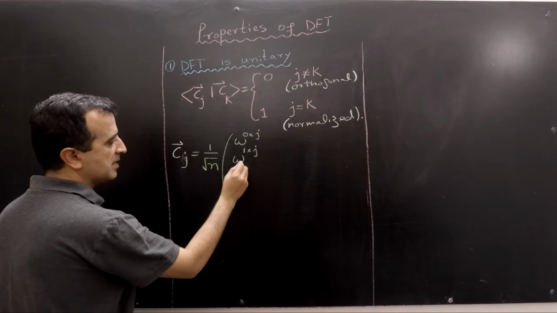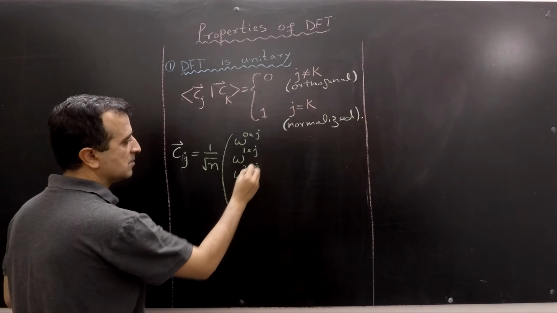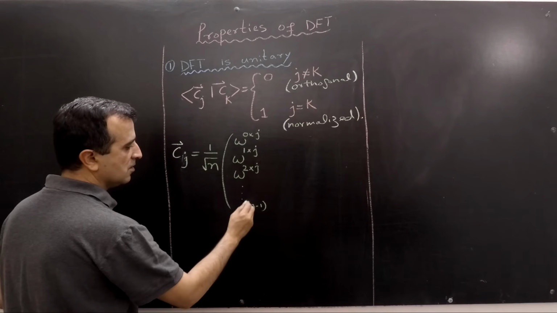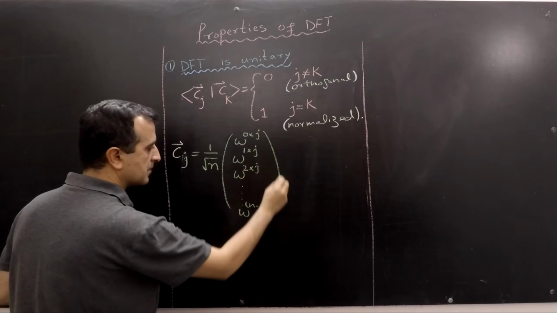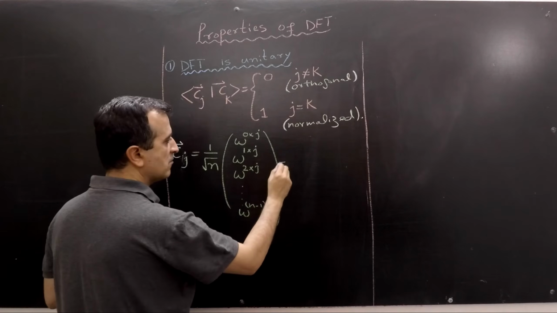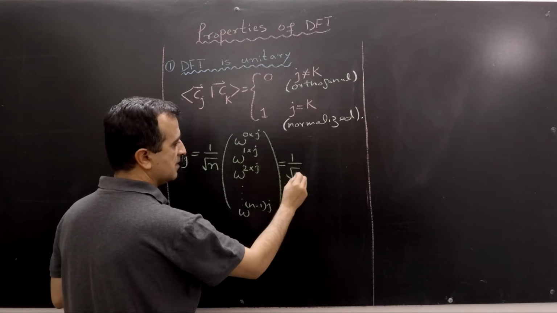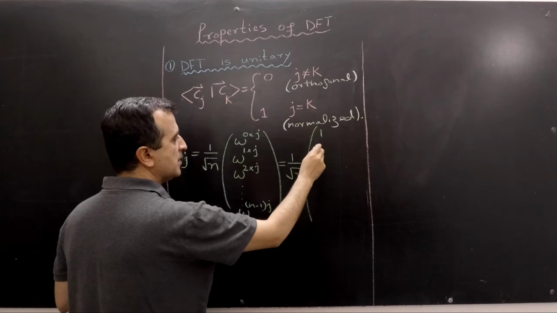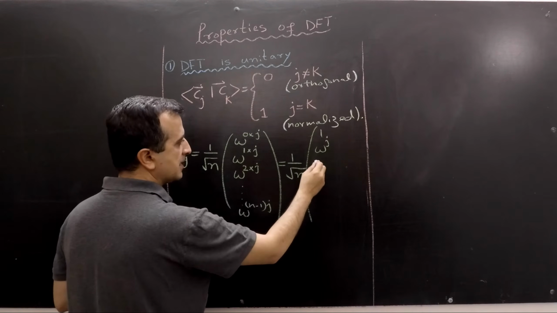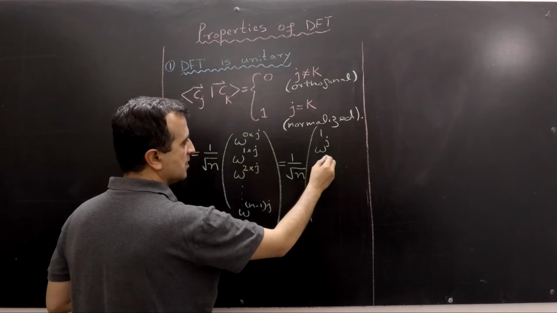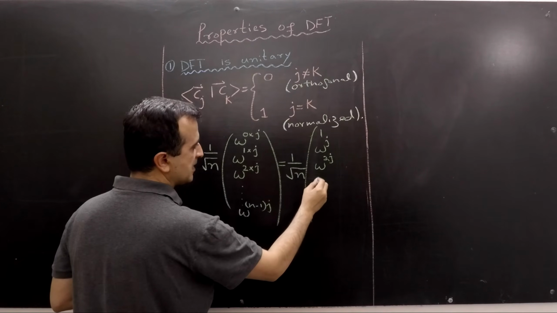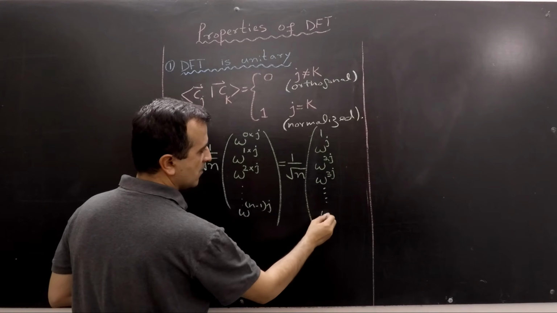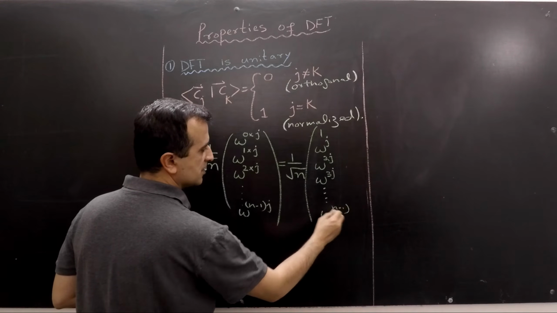Third entry will be omega raised to power second row times jth column, and the last entry will be omega raised to power n minus 1th row times jth column. We can simplify it. It will be equal to 1 over square root of n, and the first entry will be 1, second entry will be omega raised to power j, third entry will be omega raised to power 2j, next entry will be omega raised to power 3j, and the last entry will be omega raised to power n minus 1 times j.